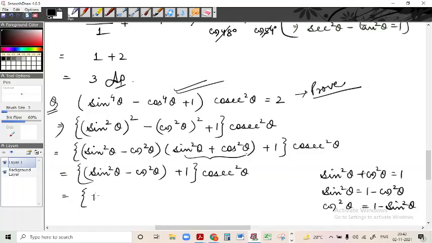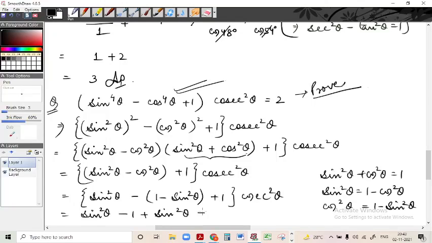So let sin square theta be sin square theta only. Cos square theta I am going to change as 1 minus sin square theta, plus 1, and cosec square theta. So this is equal to sin square theta minus 1 plus sin square theta plus 1 into cosec square theta.